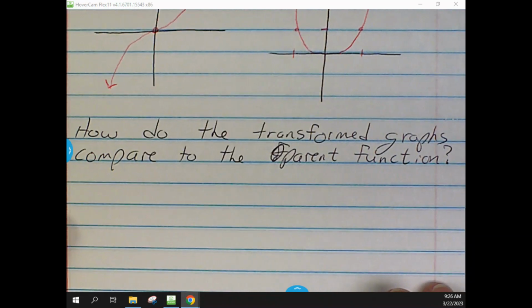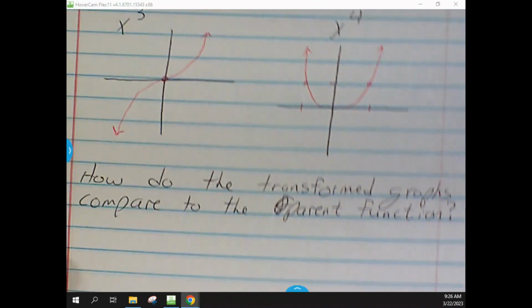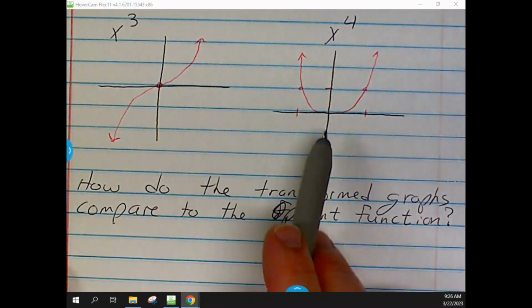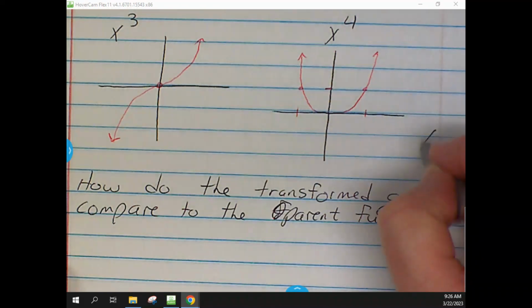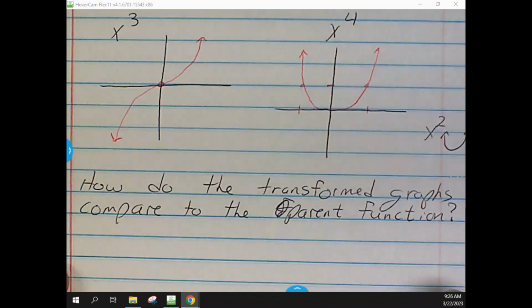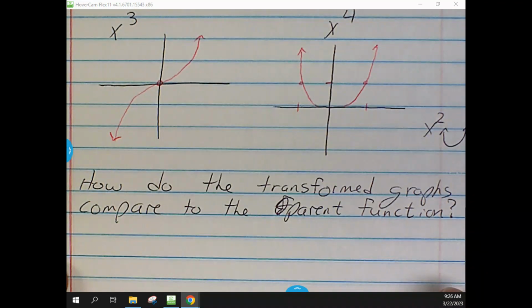Okay, and when they're saying parent function in this case, they're going to talk about either x to the third or x to the fourth, or it could be just x squared. But it should reference back to one of those.